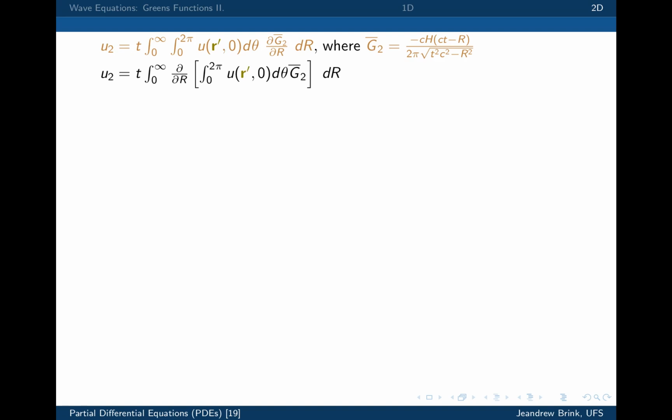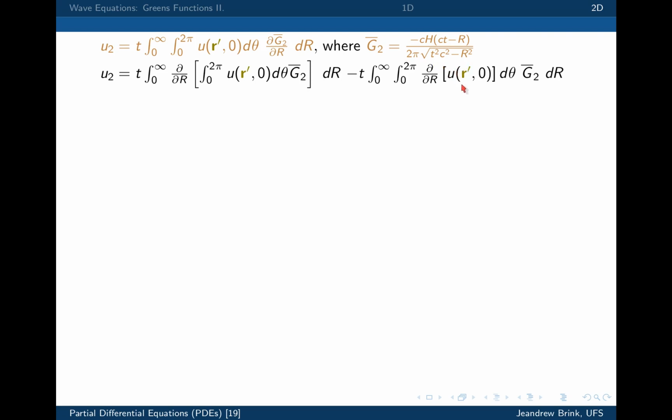And so you can take this d/dr outside of both of them, and you basically now have this averaged value of u times your Green's function, how that's changing with r, multiplied by t in front, minus t times how the step function is changing times g2r. So I've just used integration by parts.